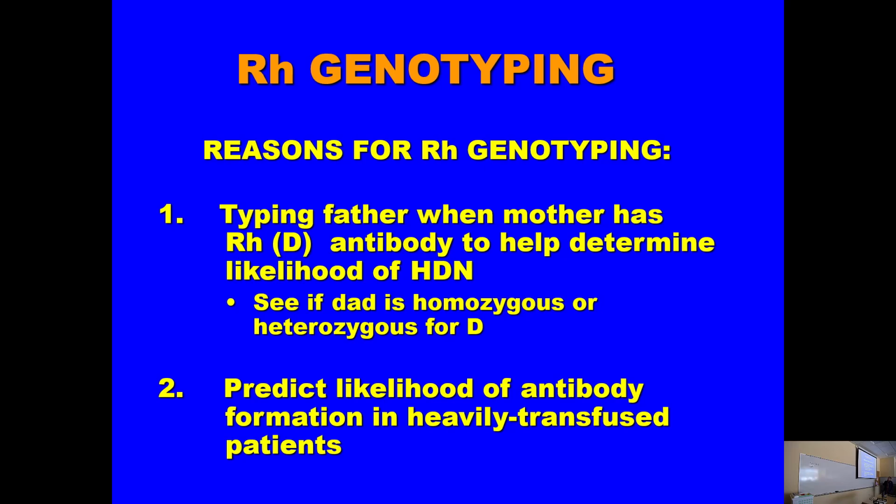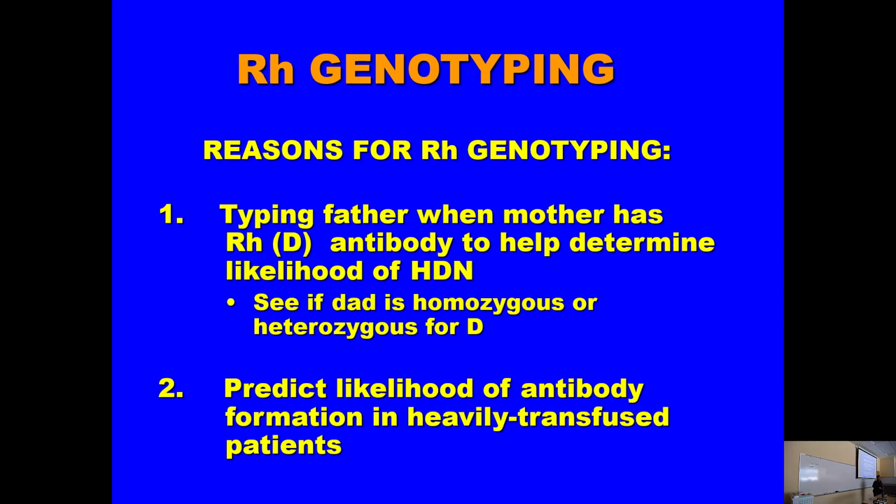We worry about it because we have a type of father when the mother has Rh D antibody. So if mom has developed anti-D for whatever... I just wanted, could you repeat the antibodies that say you are Rh positive?